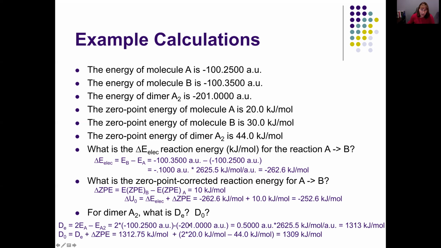So we've got 2 times A again, minus A2, 44. So overall, this works out to be a minus 4 kilojoules per mole. And so we end up with a value of only 1309 kilojoules per mole for our D0 value. So in this case, fairly close, but you can potentially measure that difference.